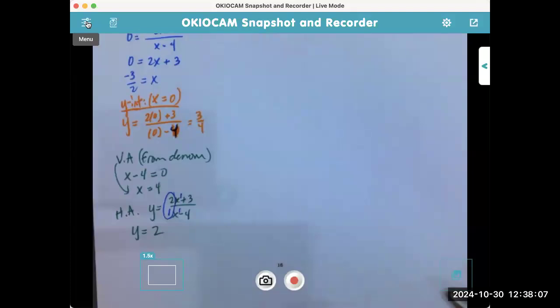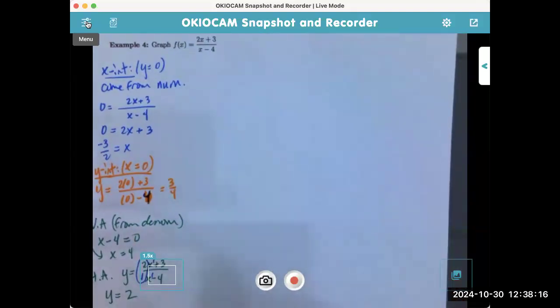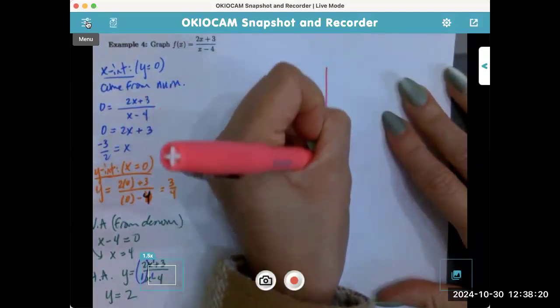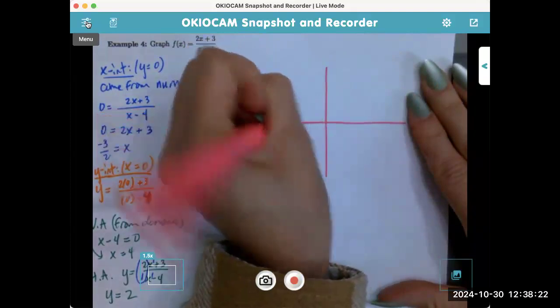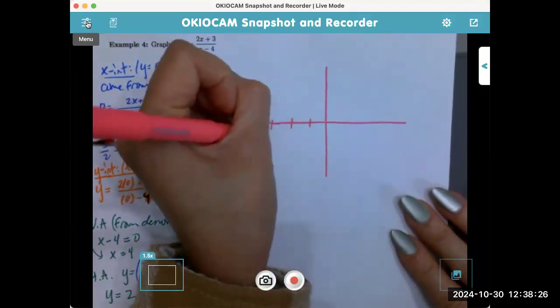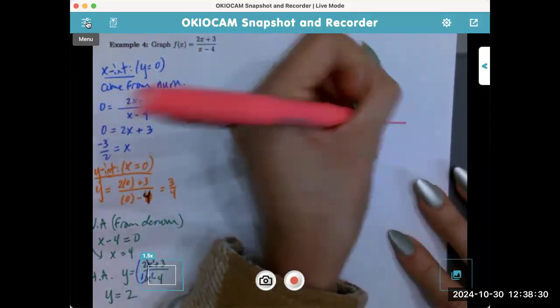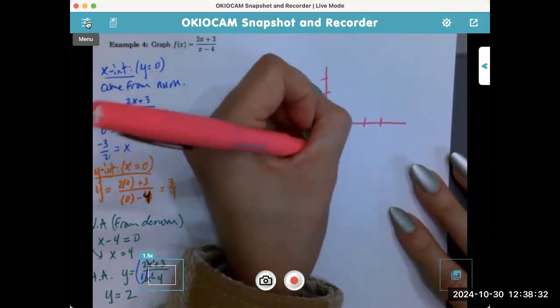Okay, so now plot at least one point between and beyond each x-intercept and vertical asymptote, then finish the graph. Let's just start by plopping down some axes and marking our important spots. Here's -1, -2, -3, and 1, 2, 3.